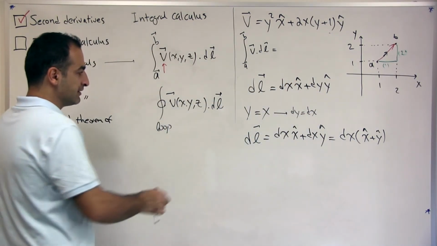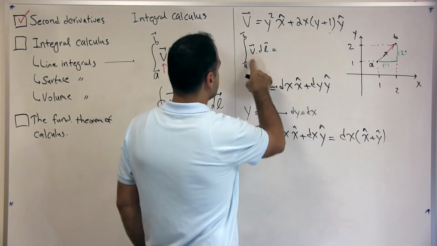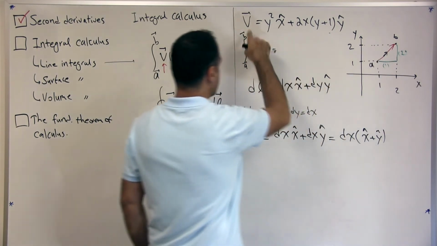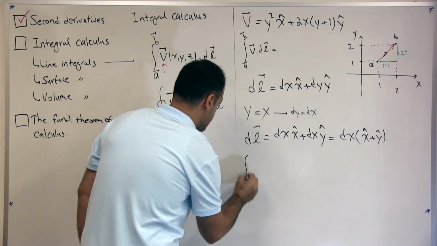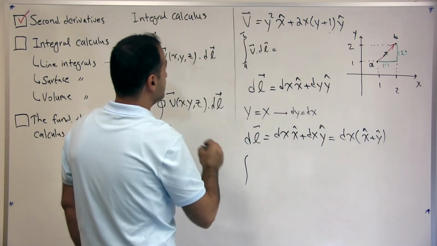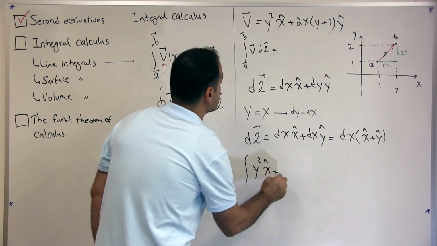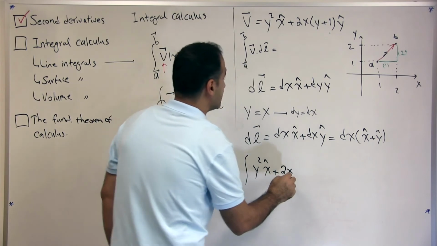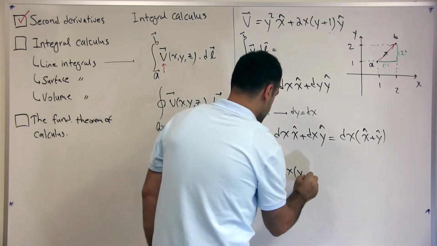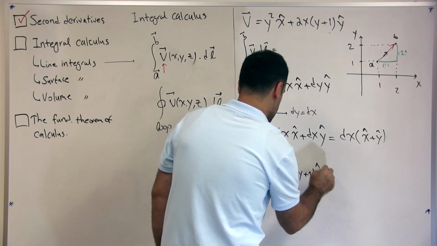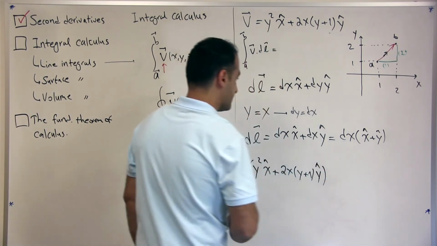Now, if dl is this, and here we are doing one integral because this is one straight path from A to B, the integral is, now I have my v function being y squared times x hat plus (2x times y plus 1) times y hat. This is the function.